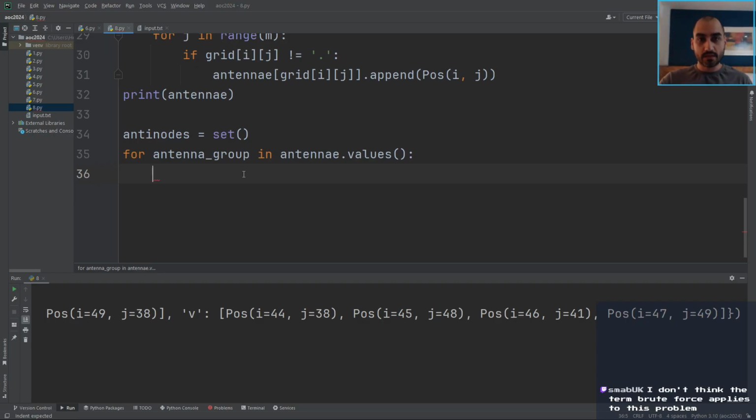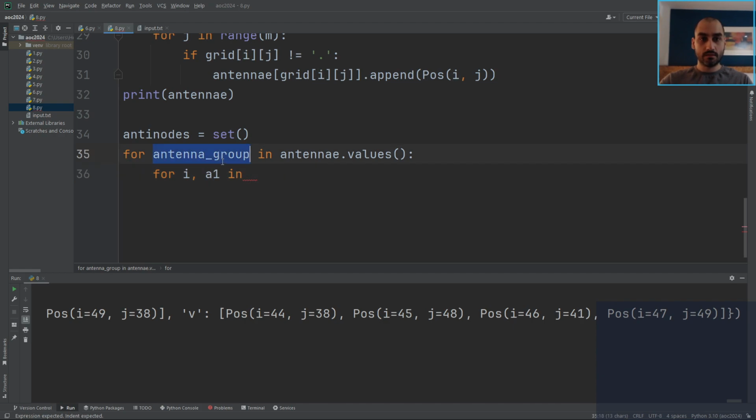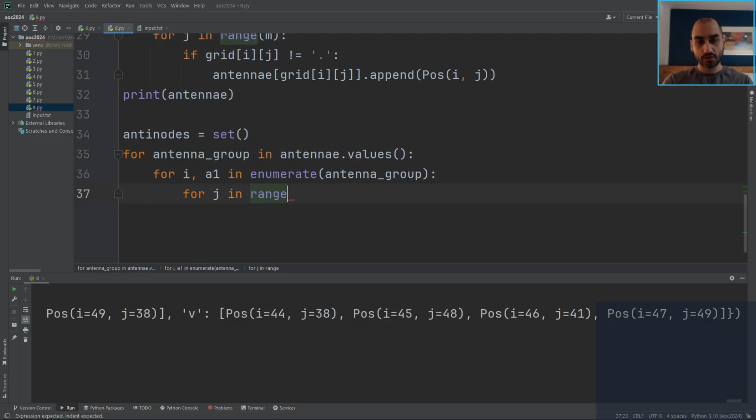Alright, so for antenna group in antenna.values, I guess we just want to do, for I, A1 in enumerate antenna group, for J in range I plus 1, length of antenna group.